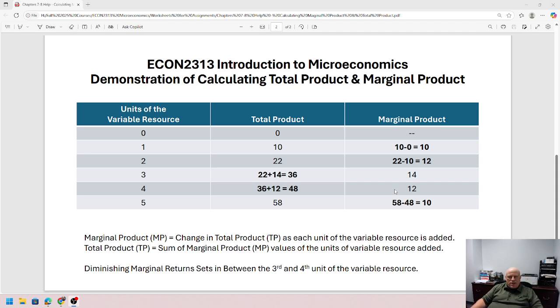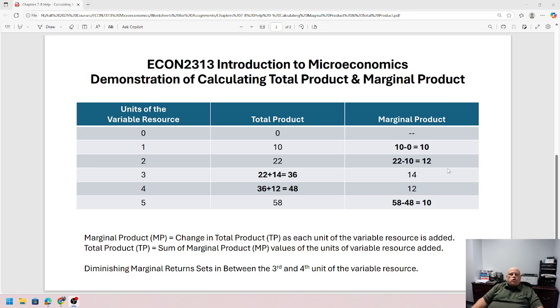But here, basically, you just look at these values. So from moving from 0 to 1, we had a marginal value of 10. Then it goes up to 12 when we move to the second unit. Then it goes to 14, so it's still increasing. So we know that we're still experiencing increasing marginal returns all the way through the third unit.